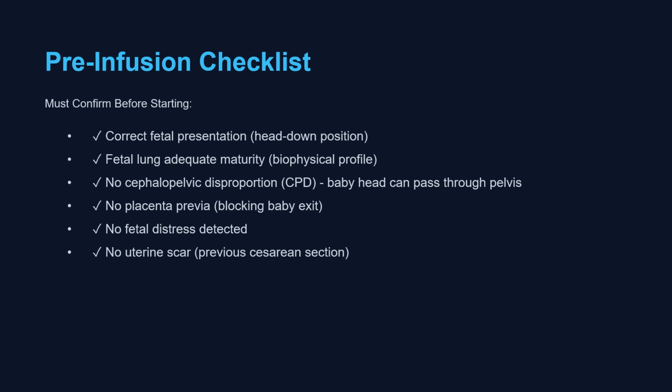Another is no placenta previa. Placenta previa means the placenta is blocking the baby's head or a certain region, and in that case you should avoid it. Another is no fetal distress, meaning the fetus should not be in a distressed state; in that state, you should not deliver the baby.